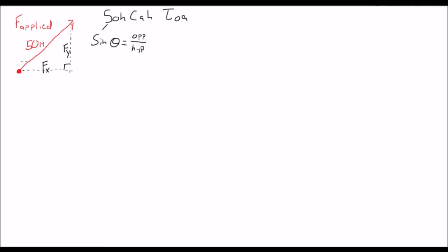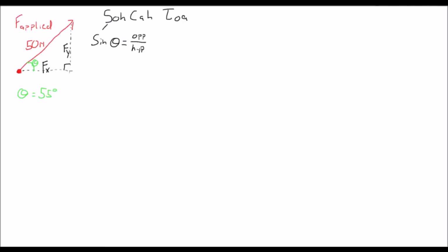So for the sake of argument, let's pick a different color here. Let's go with green. Let's say that this angle right here, let's call that angle theta. And let's assign theta as 55 degrees. So we have 55 degrees, that's our theta.